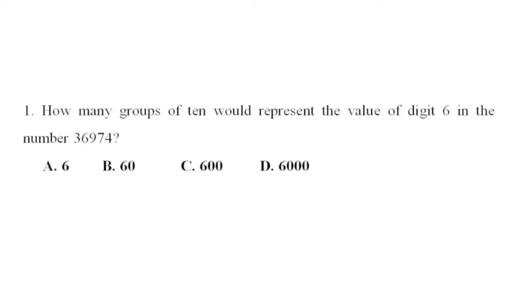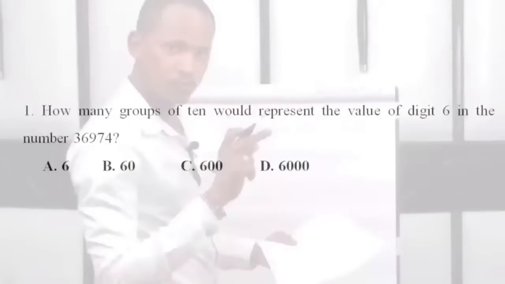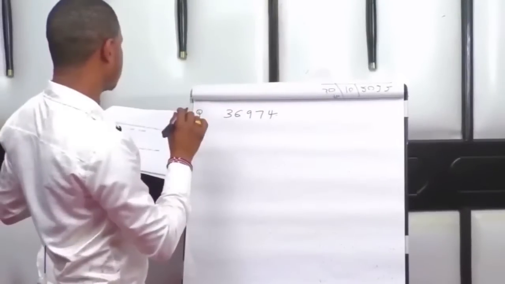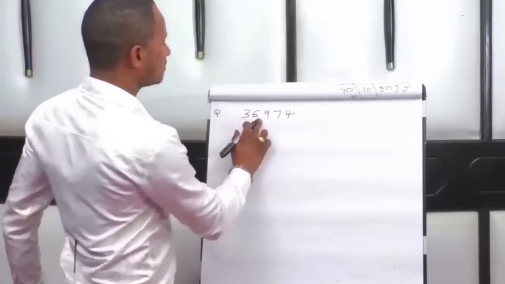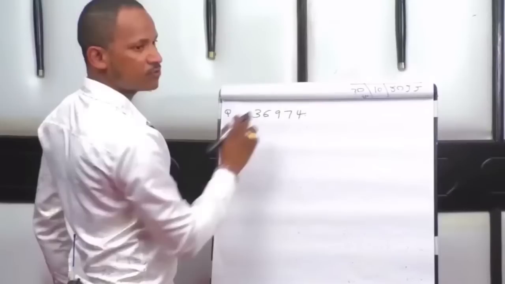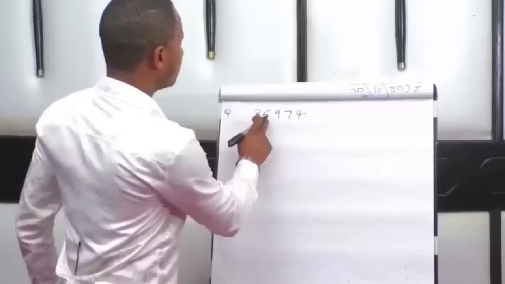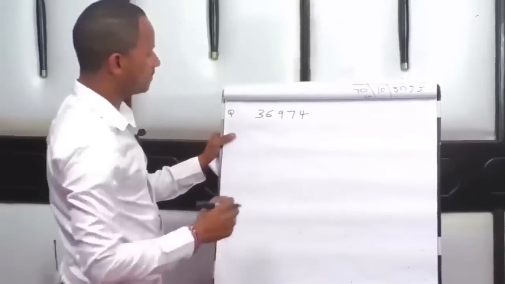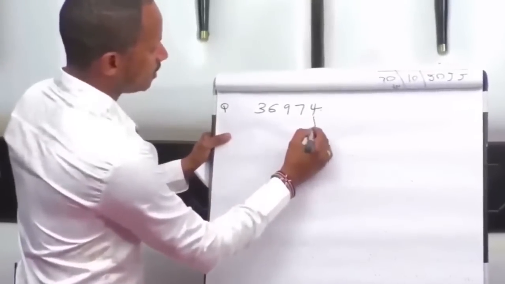So the keyword here is how many groups of 10 would represent the value of digit 6 in the number 36,974. So first of all, let us identify the value of 6 in this number.